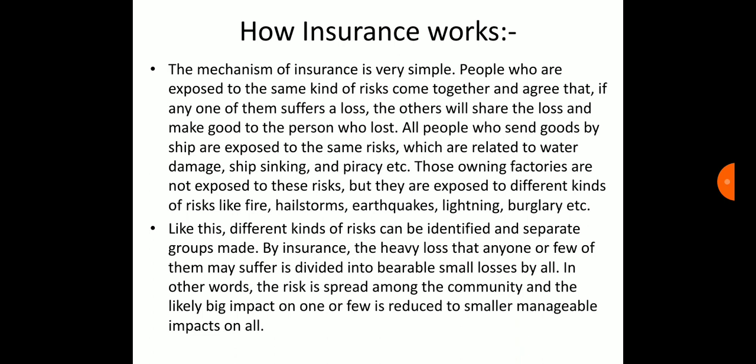All people who send goods by ship are exposed to the same risks, which are related to water damage, ship sinking, and piracy, etc. Those owning factories are not exposed to these risks, but they are exposed to different kinds of risks like fire, hailstorms, earthquakes, lightning, burglary, etc. Like this, different kinds of risk can be identified and separate groups made.